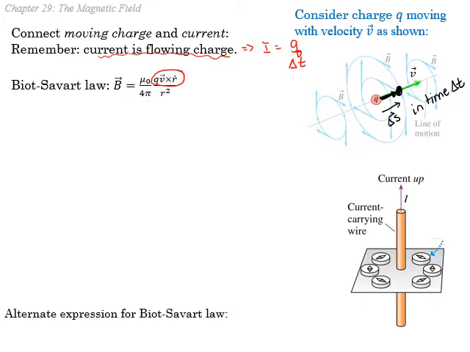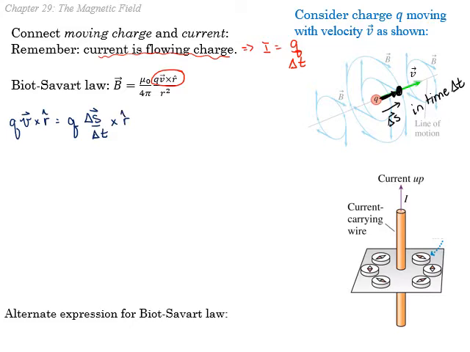And let's see what that gives us. So QV cross R hat, that's going to equal Q. Now V is the velocity. V can be approximated as delta S over delta T, and that's going to be crossed with R hat.